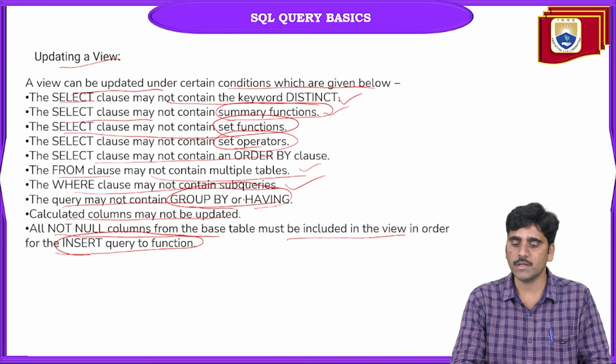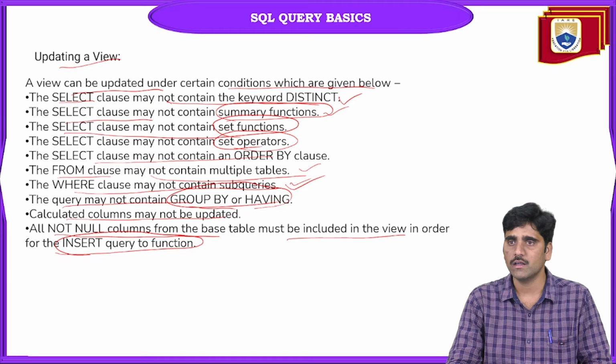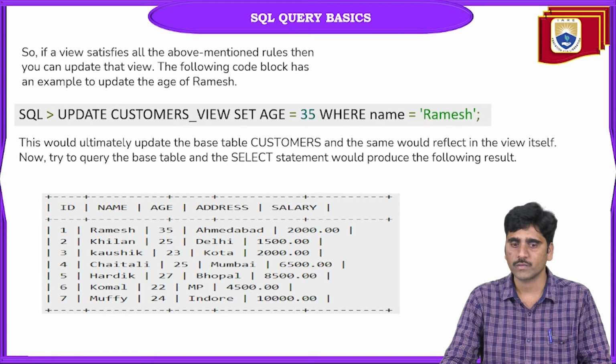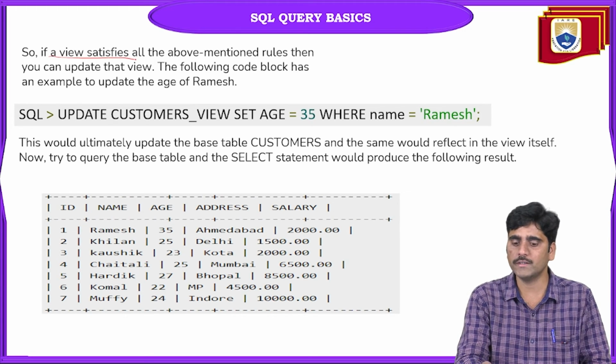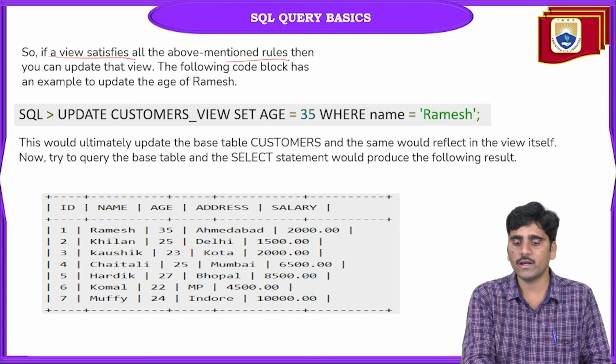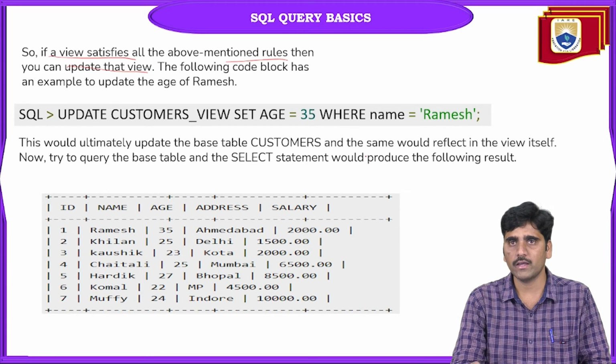And where clause may not contain subqueries. Like this, some conditions must be satisfied. You have to satisfy them, then you can proceed to update the view also. So if a view satisfies all the above mentioned rules, then you can update the view like the following.